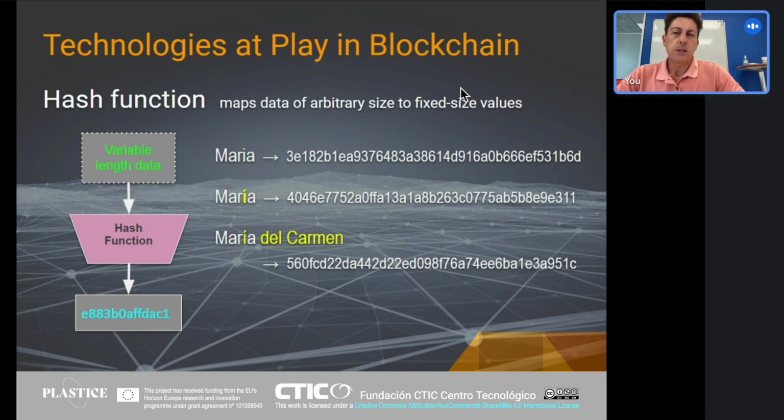Here you can see an example where you feed Maria with different signs on the i, or a full name, Maria del Carmen. It doesn't matter if the characters change or if the length of the input to the function is different, you get a fixed length hexadecimal value. With that hexadecimal value and the hash function, you cannot get the original data. That's the way these hash functions work. You will see later why this is used.